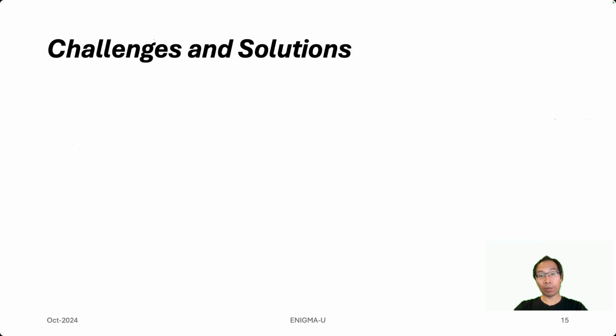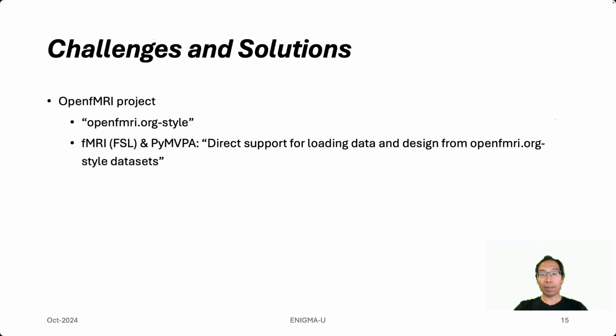In the OpenfMRI project, the team faced the same data curation issues as you and I did, but on a much larger scale. To deal with it, the data was reorganized in an OpenfMRI.org style. Importantly, such data types can be directly imported to FSL and PyMVPA.